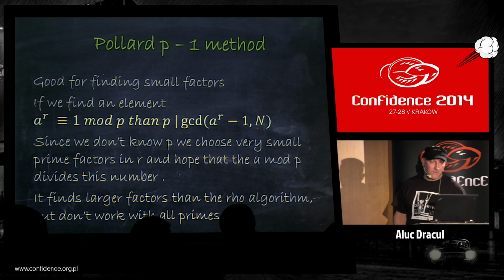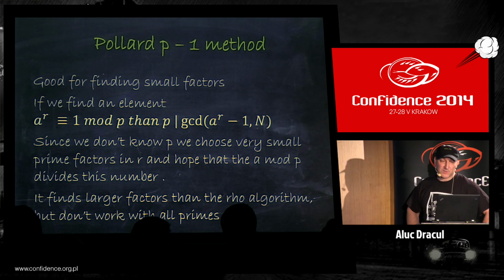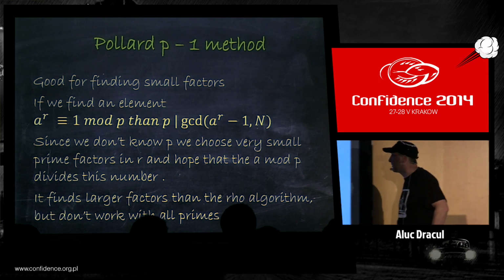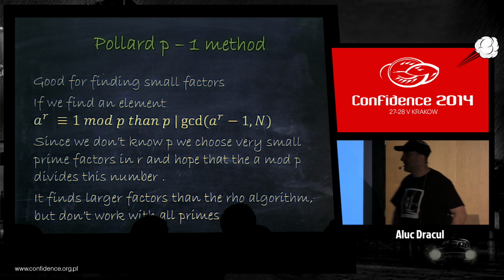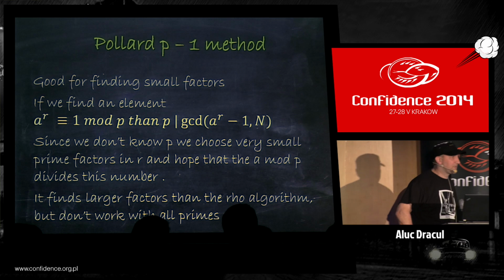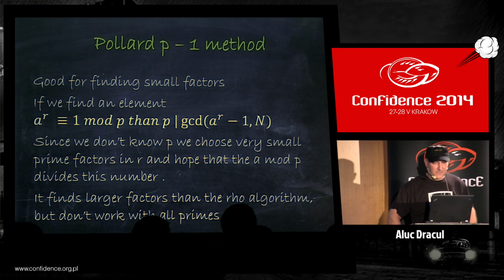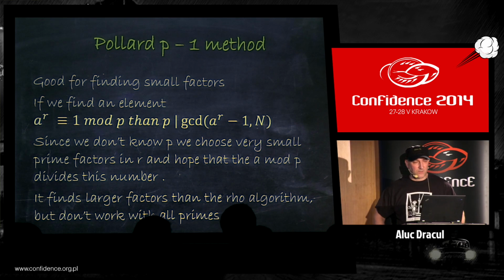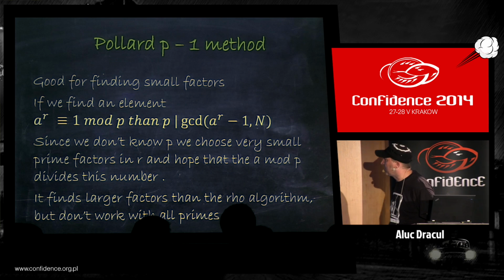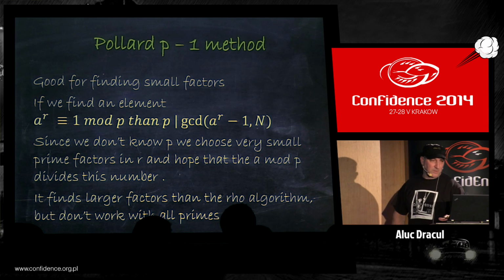We don't know p, so we choose a small prime factor in our r, and we hope that the mod p divides by this number. So we play around a bit, and we try to find an r factor which helps us get to this number. That's also some kind of trial and error thing. It finds larger factors than the rho algorithm, but it doesn't work with all primes, only with smaller ones, so that is probably not what we want to do.